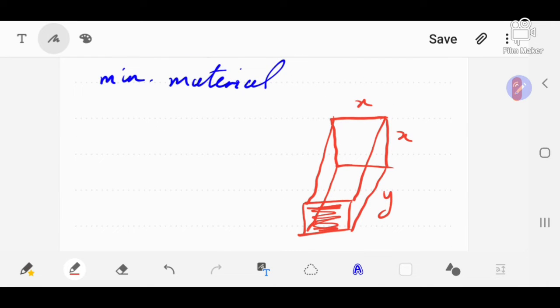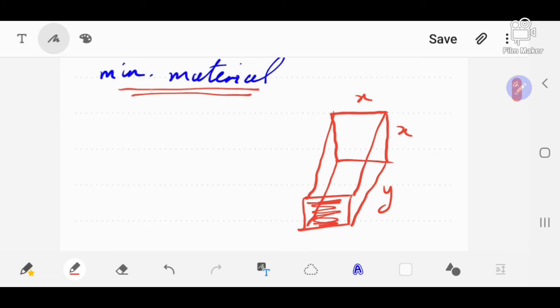So minimum material. Now minimum material should be the sentence that gives me the formula that I can relate dimensions. Minimum material means the surface area of this box. So surface area will be equal to the area of all faces.